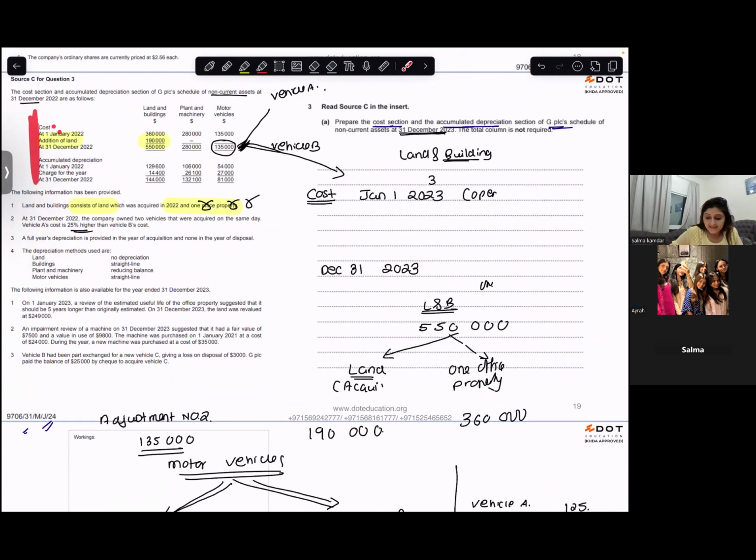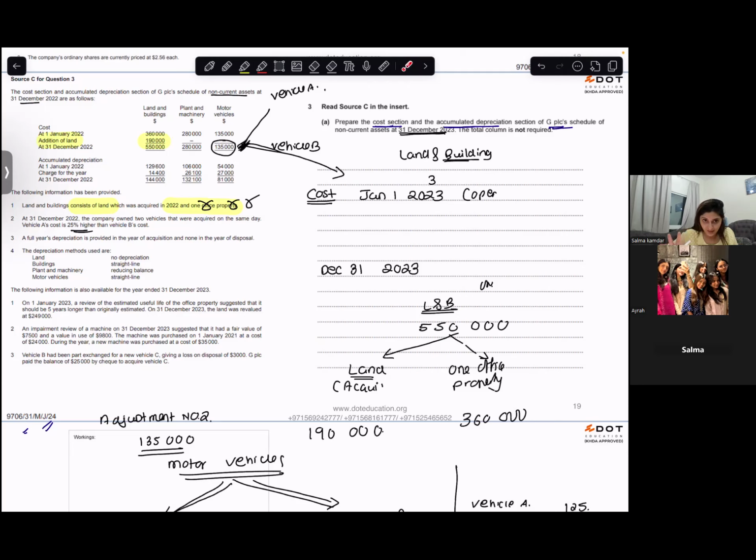Costs: opening balance, additions would be added. If there is any disposal, it would be subtracted. If there is any revaluation, you can add or minus in the schedule over here. If there is an impairment profit, you add; an impairment loss, you minus. It's just like a vertical format of your account: opening balance, closing balance, purchases, sales, revaluations, and impairment profit or loss.